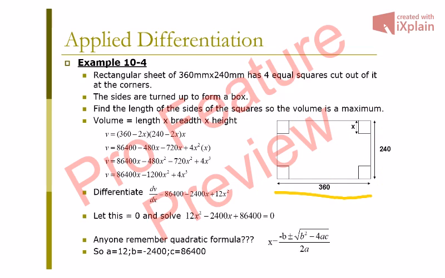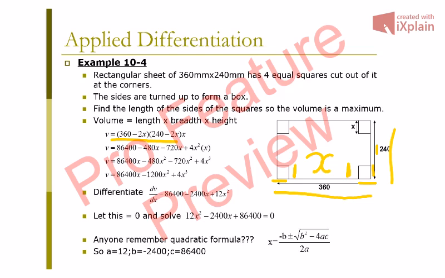The length will be 360 minus 2x. The breadth will be 240 minus 2x. And the height, of course, is this part here, which we know to be x. So our formula for volume is starting to take shape.